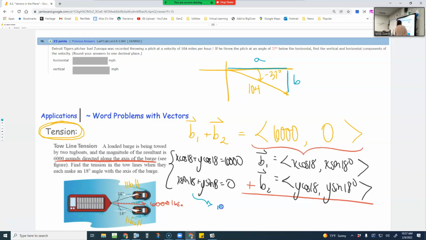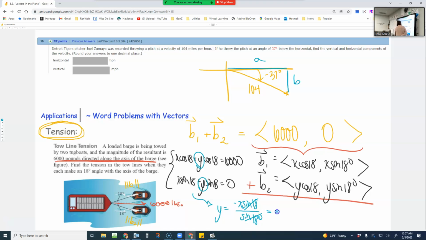I could solve for one variable in terms of the other, plug that in and solve.